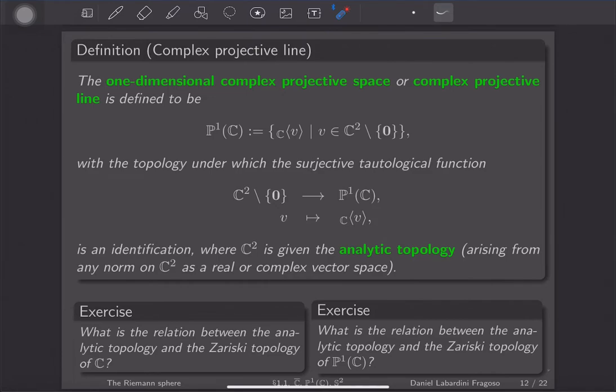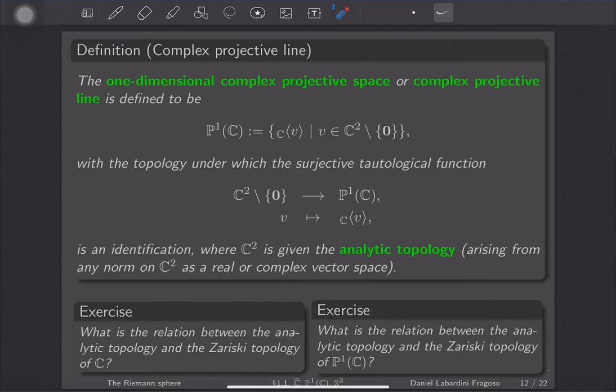Then you say, okay, how about this? Let the open sets here, by definition, be precisely those whose inverse image is open. That's going to have the property that this map is continuous. And second, you cannot put more open sets, because you are putting everything you could. That's the topology I put, and that's the topology that makes it an identification. The word identification really comes from the fact that with that topology, this map satisfies a certain universal property.